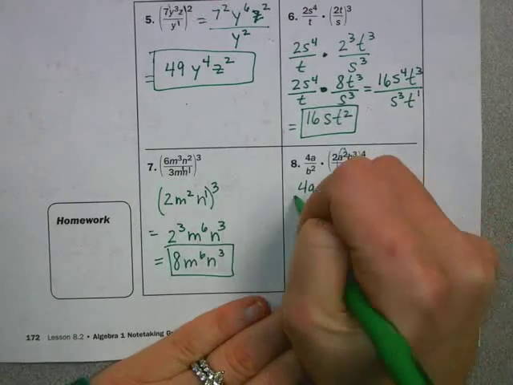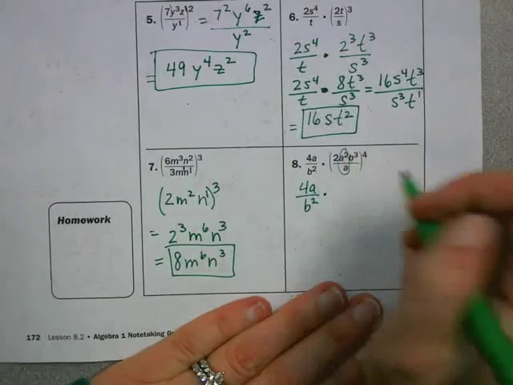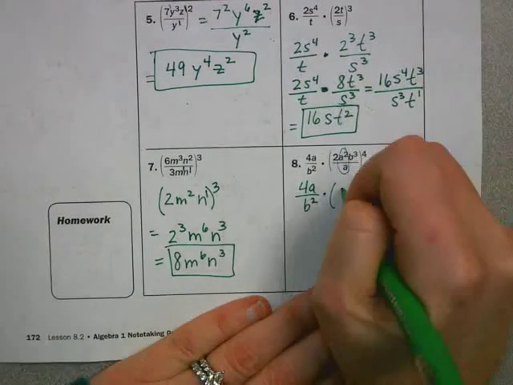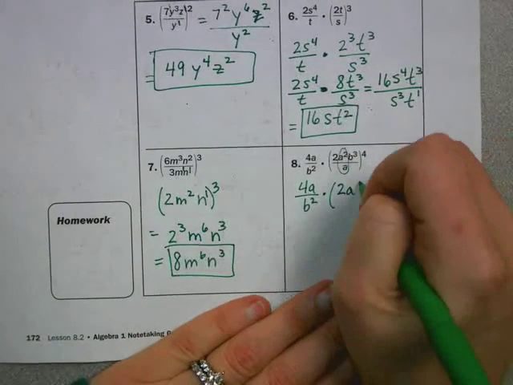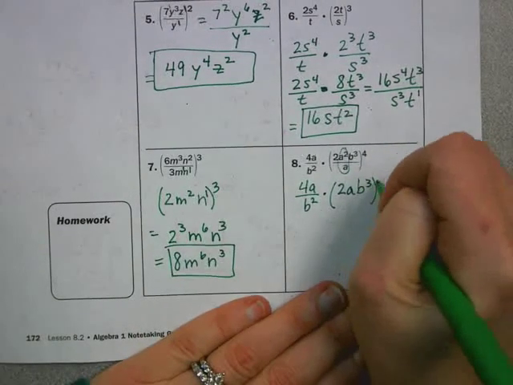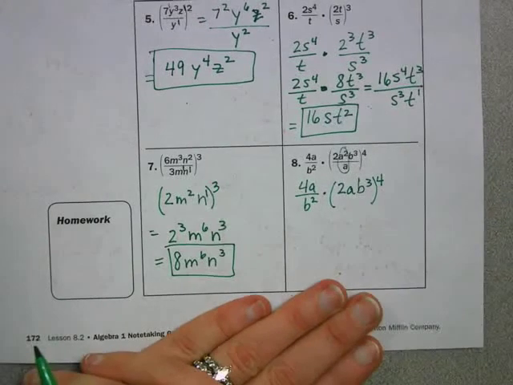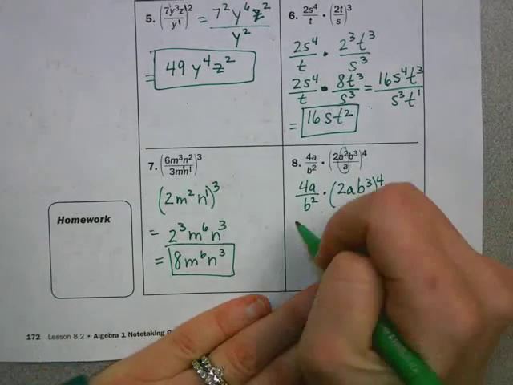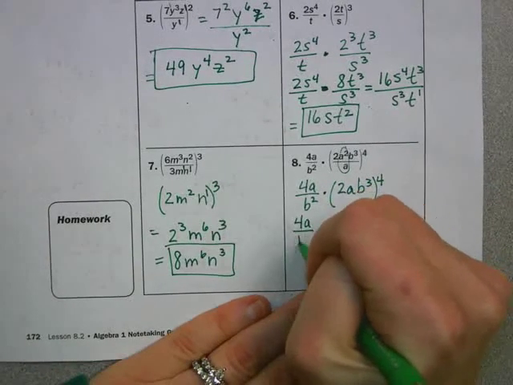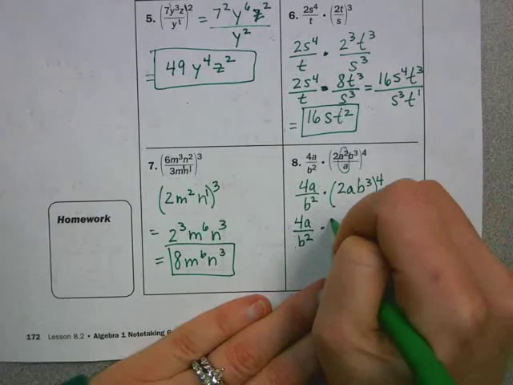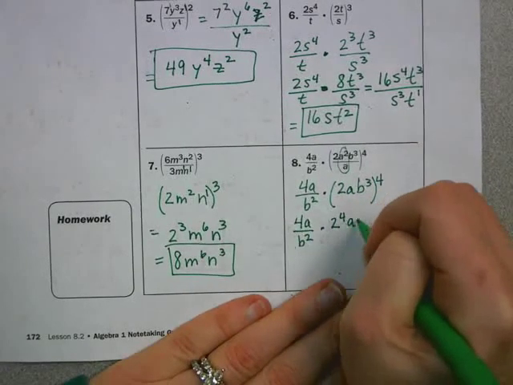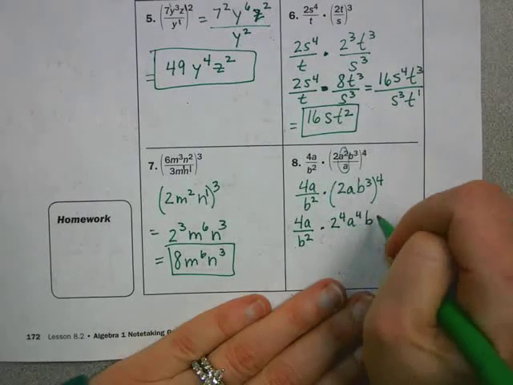And then over here for this one it becomes 2a to the first, b to the third, and then that's to the fourth power. Now I'll deal with that fourth power. So it's 4a over b squared times 2 to the fourth, a to the fourth, b to the 12th, because we're multiplying those exponents.